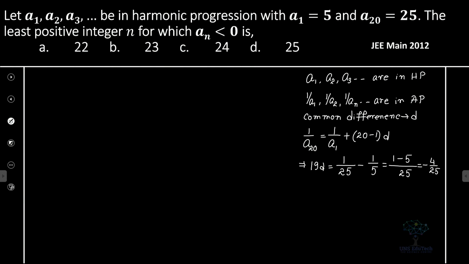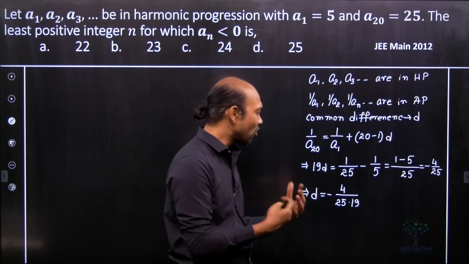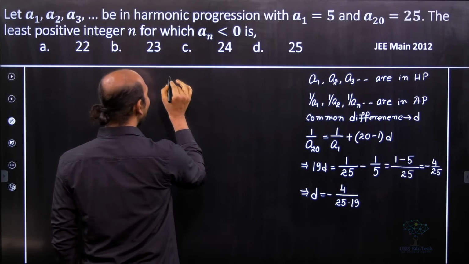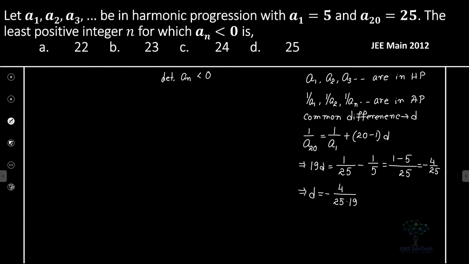So the common difference in this particular case, D, is equal to minus 4 divided by 25 into 19. Now see, this value is too big, right? So we don't need to find this value. There is no common factor, nothing. So we keep it as it is. Now let us consider that AN is less than 0. So we need to find the value of n.